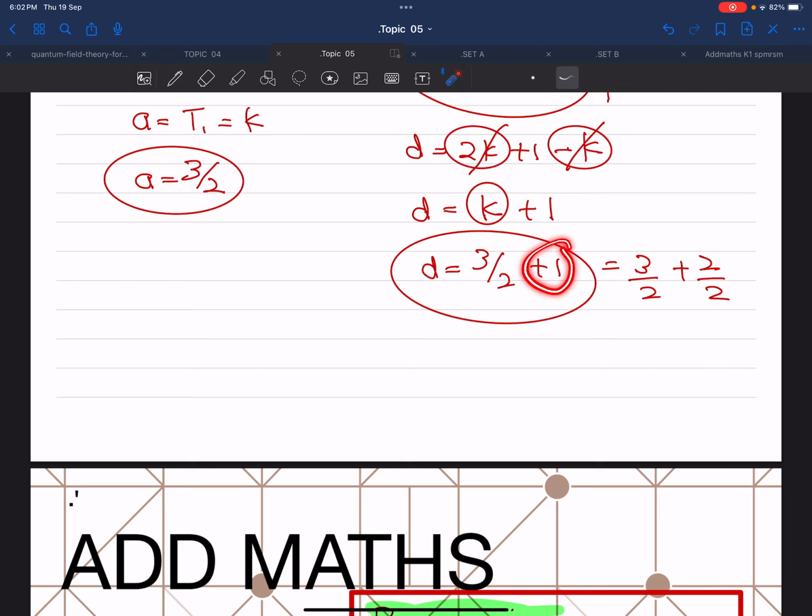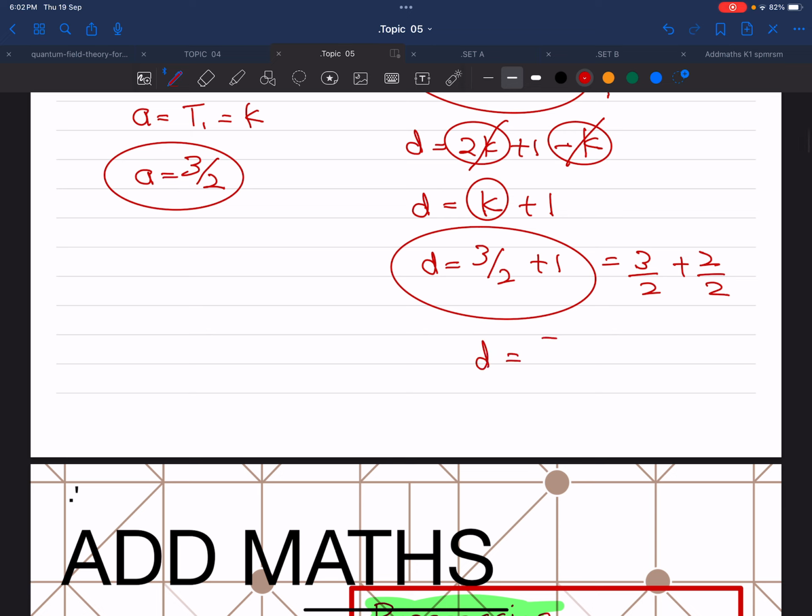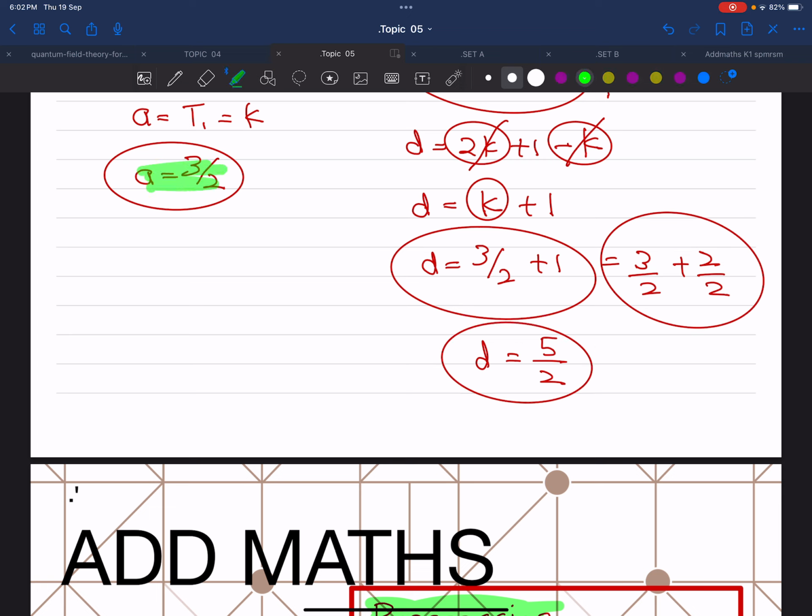The 1 I changed to 2 over 2. So finally we got our D, that is 5 over 2. So we got our A, and we have our D.